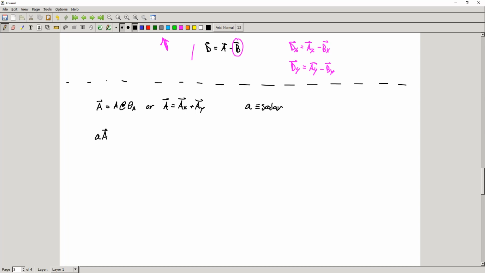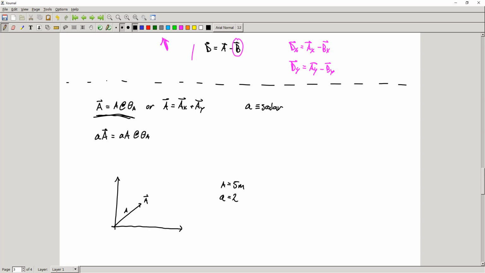So what is aA? Well, in the case of the first representation of our vector here, this one, we can simply say that aA is just aA at theta A. So it's basically just taking the vector. Imagine again the vector in the plane. Say this is A, and let's say the magnitude of A is, I don't know, 5 meters, and let's say a is just some scalar.